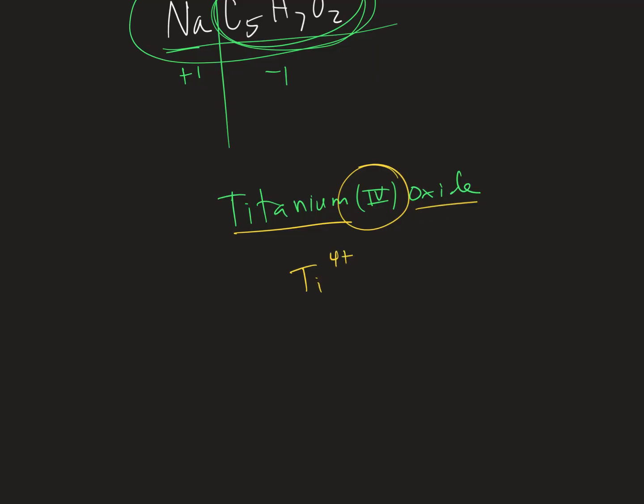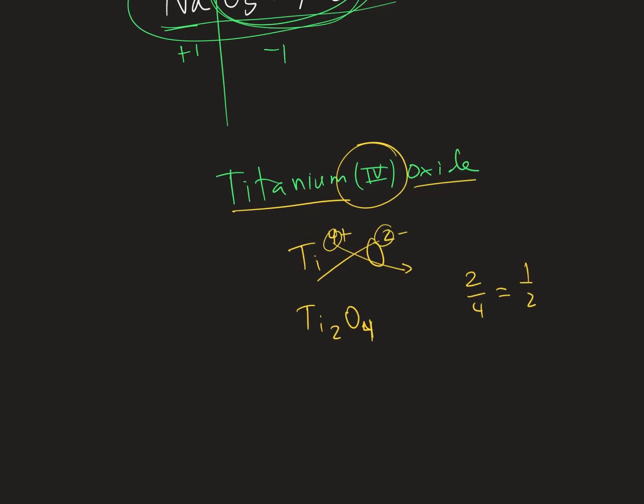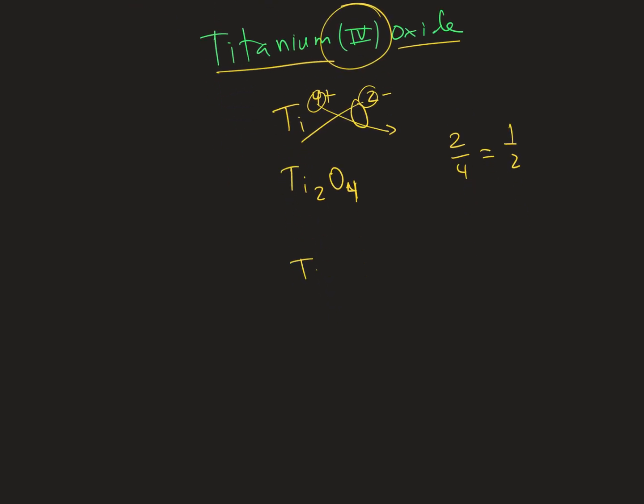What's oxide's formula? O2-. Main group element, you change the ending to IDE. Then you take the charges and you cross the numbers down. Ti2O4. Do we leave it like that? No, that's a 2-to-4 ratio. We can simplify that to 1-to-2. So it becomes TiO2. Okay?